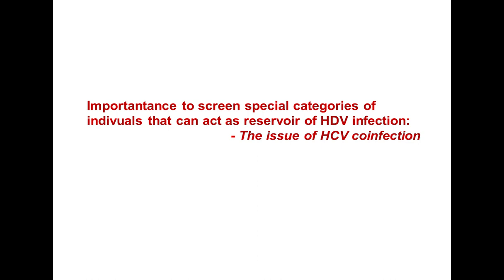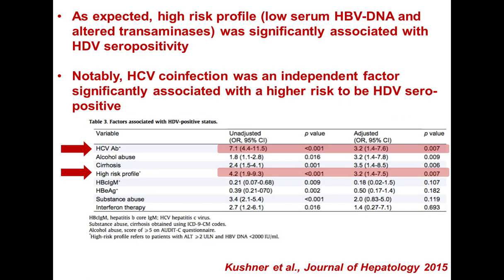Beyond geographical distribution of HDV infection, it's also important to focus attention on special categories of individuals that can be an important reservoir of HDV infection. In particular, this study was aimed at investigating factors significantly associated with HDV seroprevalence in patients with a chronic HBV infection.